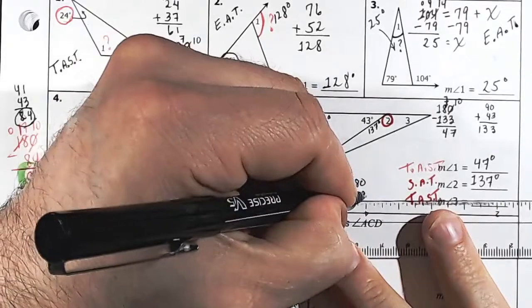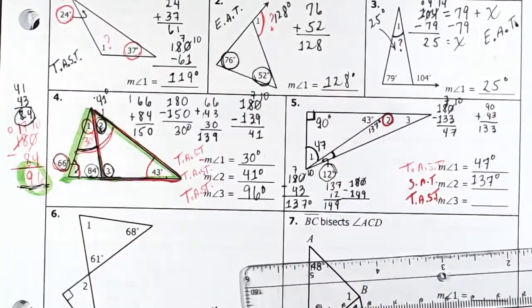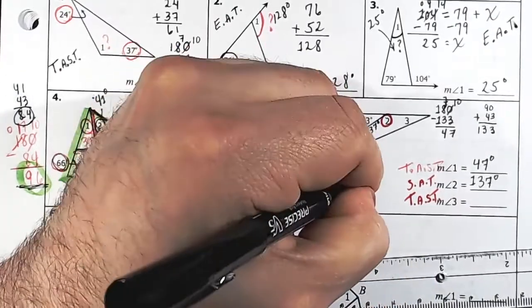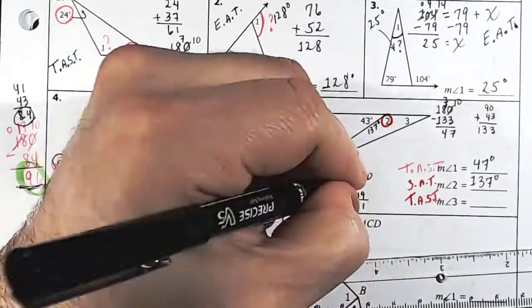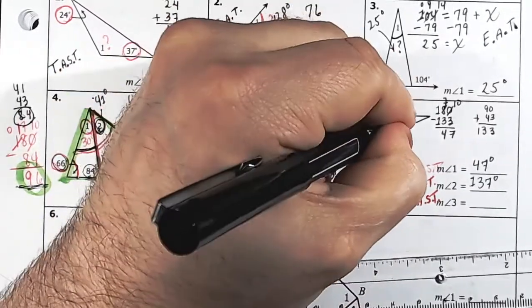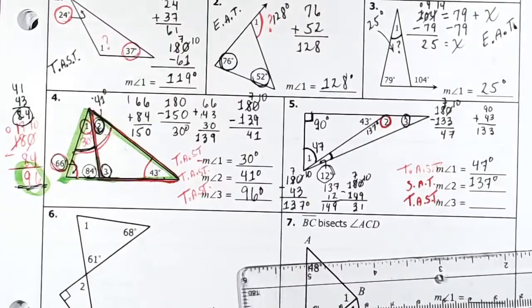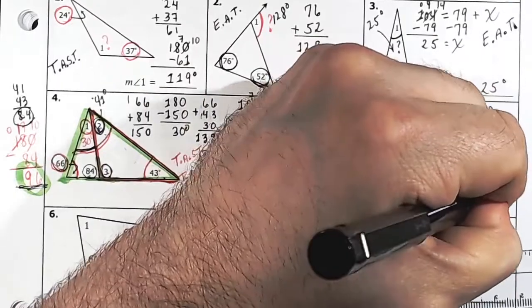I should be writing more clearly. Okay, borrow there. This becomes a 7. This is a 10. 10 minus 9 is 1. 7 minus 4 is 3. So I claim that the measure of angle 3 is 31. Survey says 31 is correct.